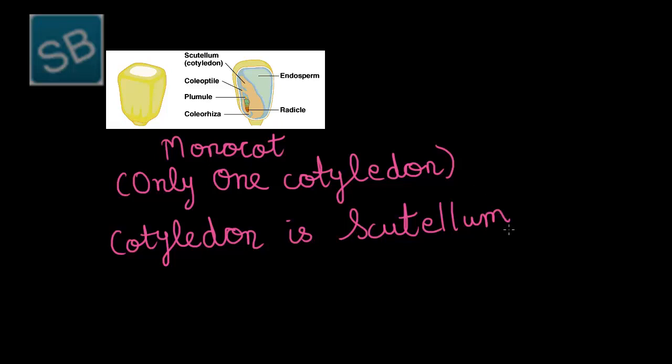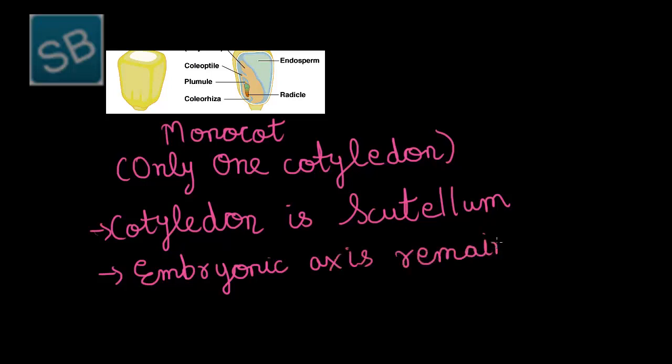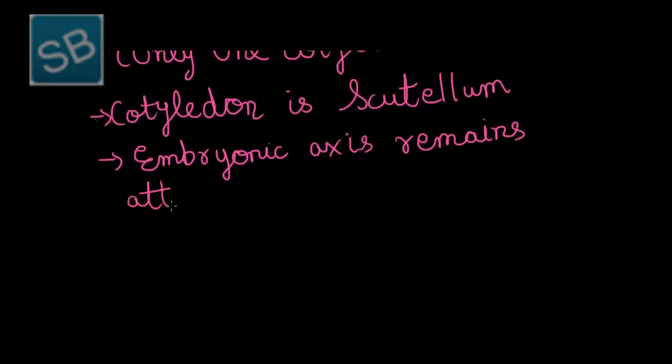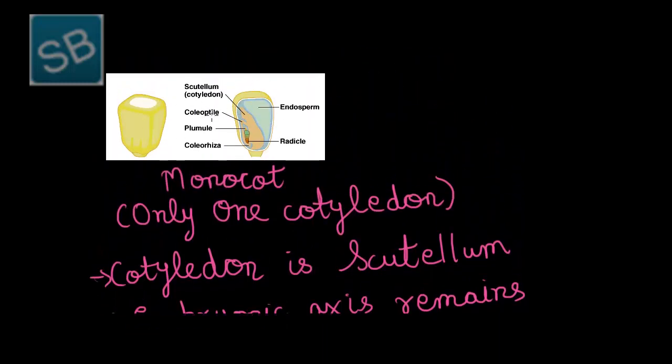The embryonic axis remains attached. In monocots, at one end of its axis, there occurs a structure known as coleoptile. This coleoptile occurs at the end of plumule.